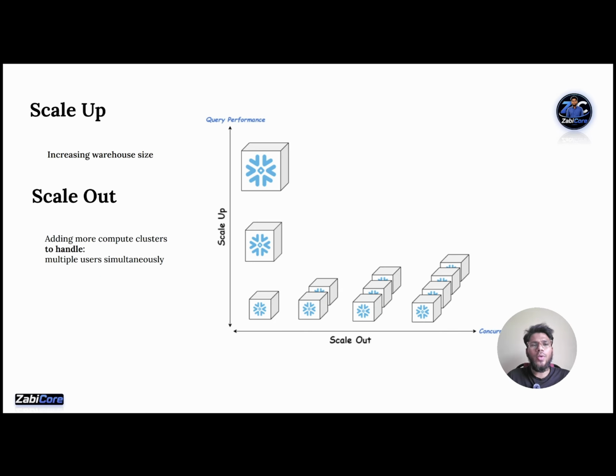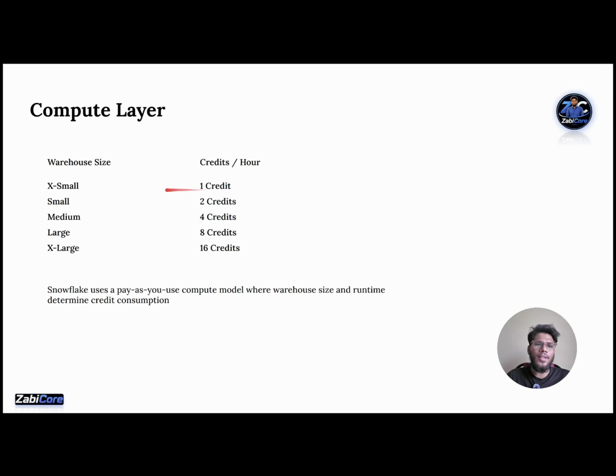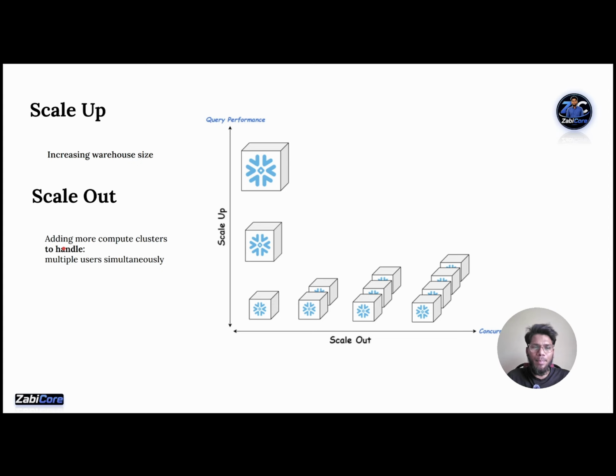Okay. Next we have scale up and scale out. Scale up is nothing but increasing the warehouse size. Here we can increase from X-small to small, medium, large, X-large. That is the scale up. What is scale out then? We can add multiple clusters. Suppose you have multiple users; your warehouse can run simple queries, but it will take more time when you have more users.